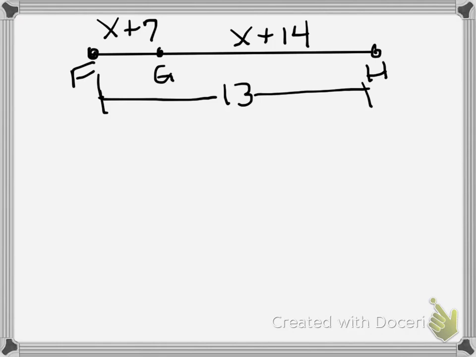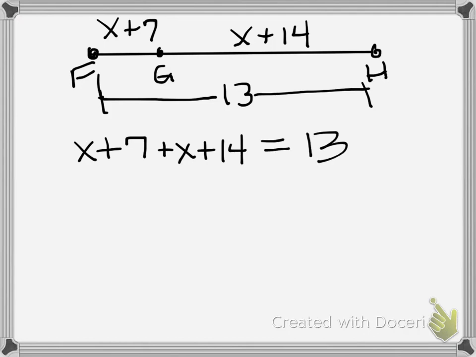So again, we're going to set up an equation with the two pieces equaling the whole. I'm going to start off with FG, which is x plus 7. I'm going to add to it GH, which is x plus 14. And that's going to equal the total, which is 13. Just like on our last problem, we're going to use our equation skills to solve for x. So x plus x gives us 2x. 7 plus 14 gives us 21.